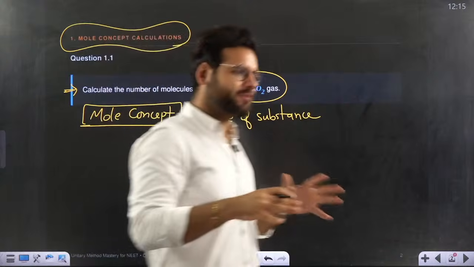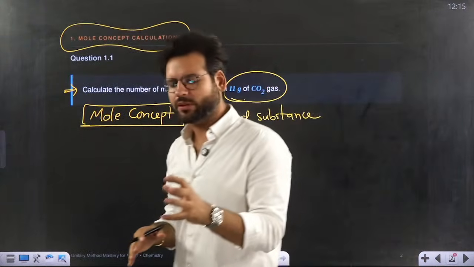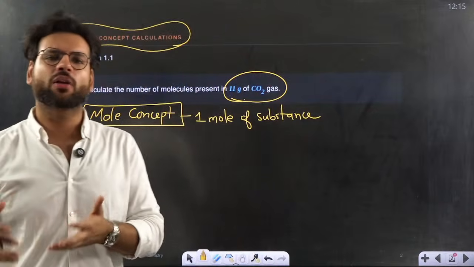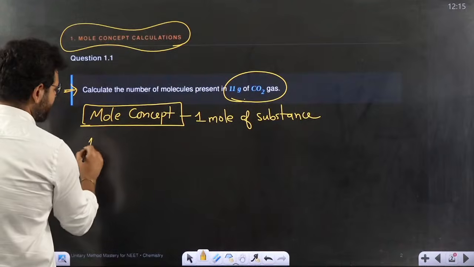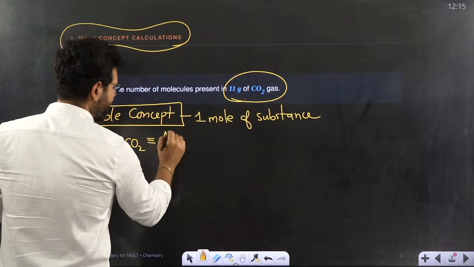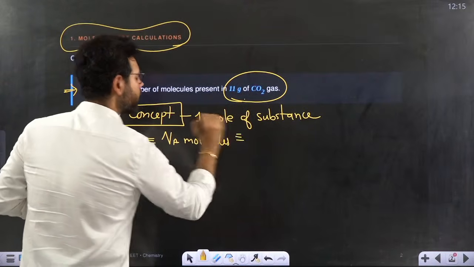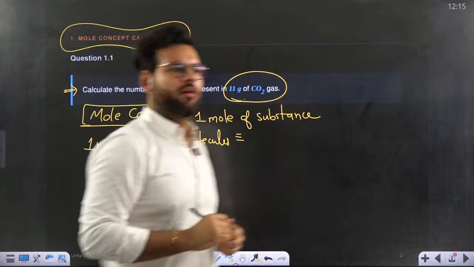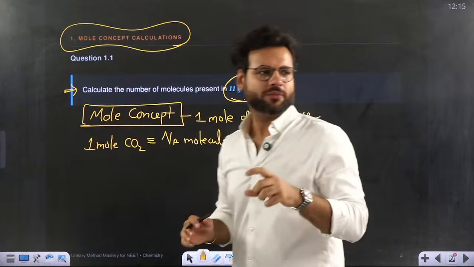Okay. At least what we must know by now is that 1 mole of any substance will contain Avogadro number of particles. Since CO2 is a molecule, I can say 1 mole CO2 contain Avogadro molecules. Okay. 1 mole of any substance always weigh molar mass.